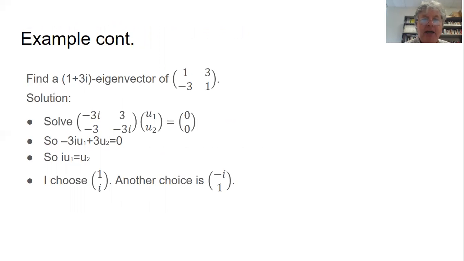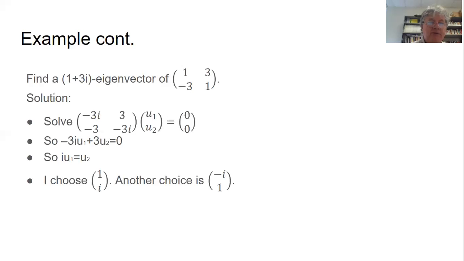Okay, let's find the eigenvectors. So the 1 plus 3i eigenvector. We subtract 1 plus 3i from the main diagonal. And you should be able to see that the two rows are multiples of each other, right? If you multiply the first row by minus i, then you'll get the second row.